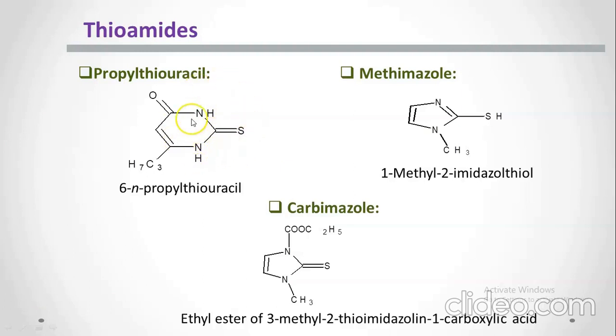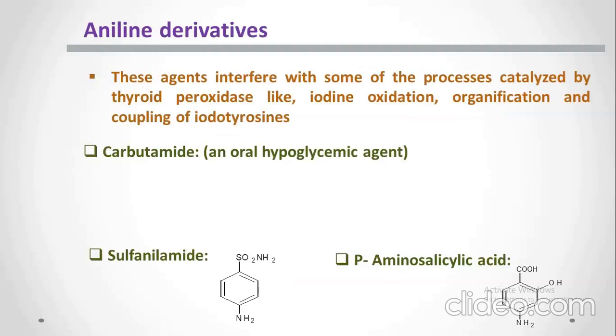So this is the thiourea part, and here is the remaining part which forms a ring. Methimazole has an SH group in the second position, and then carbimazole. These are the effective drugs used in hyperthyroidism.